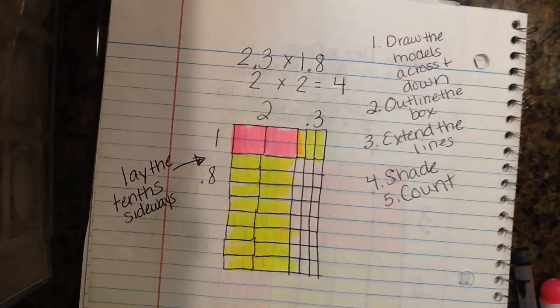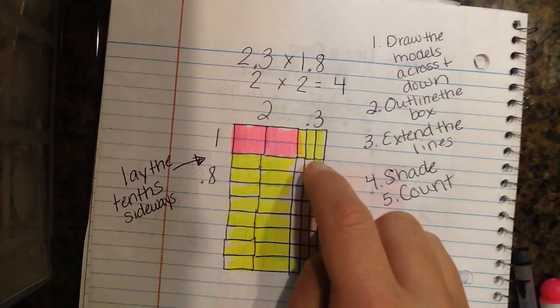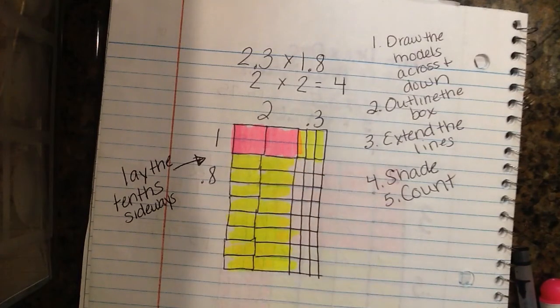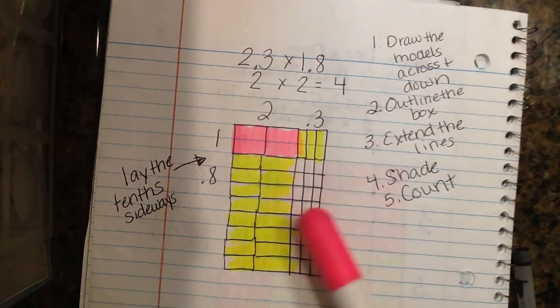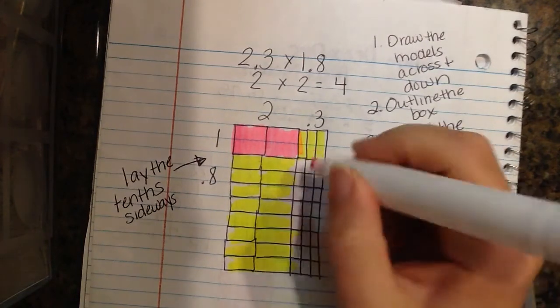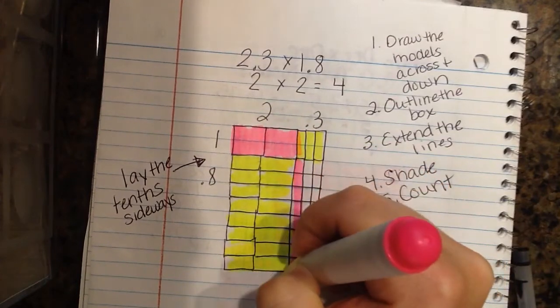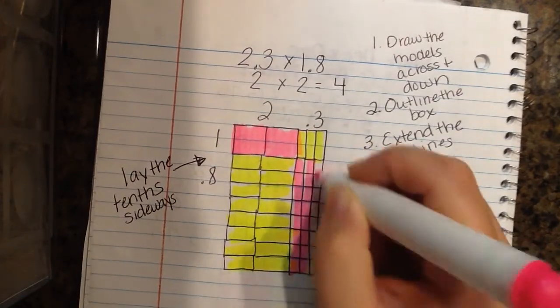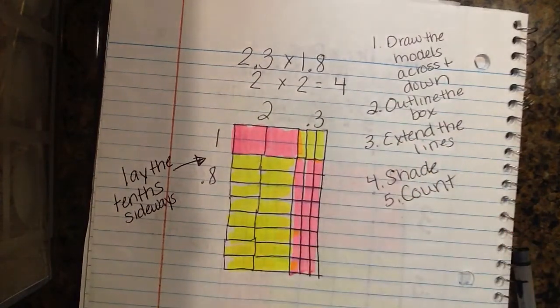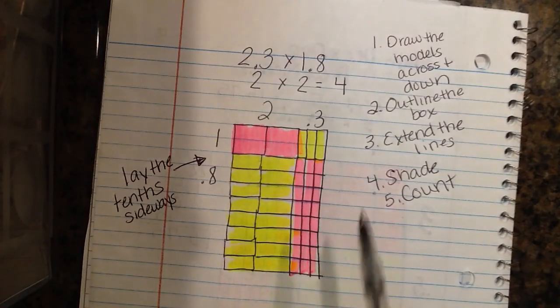So I did my tenths in a color. All my tenths are going vertical. These tenths are going horizontal. In my last section, I have holes, I have tenths, so that makes sense. These should be smaller. These should be hundredths. I have 8 of them, 8 of them, 8 of them. 3 groups of 8. So now I have to count.